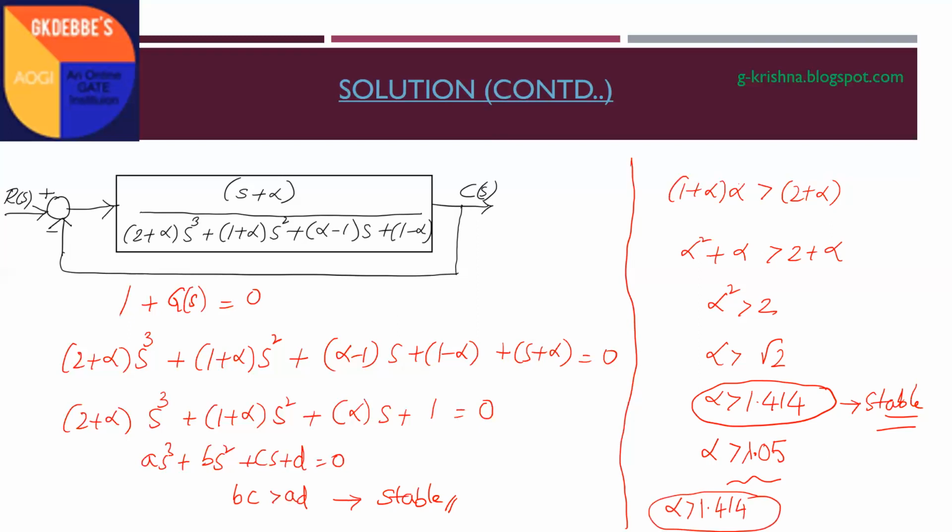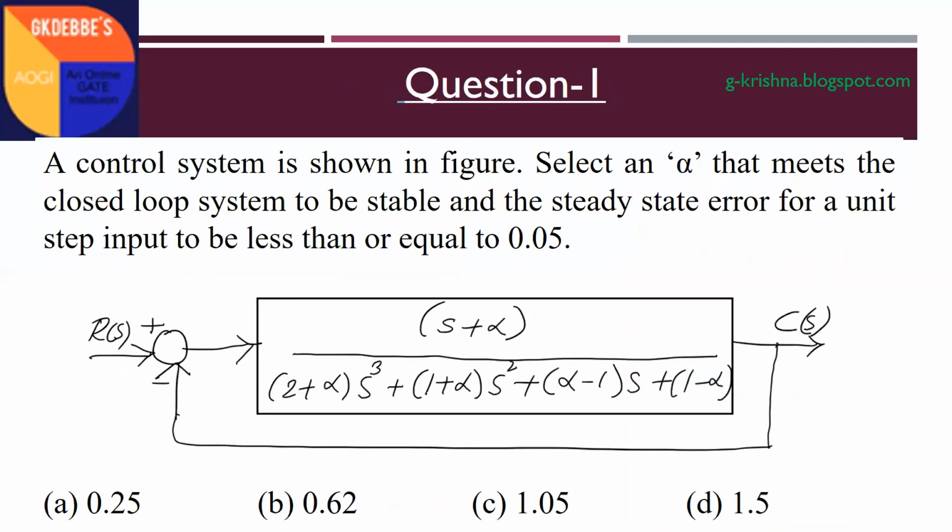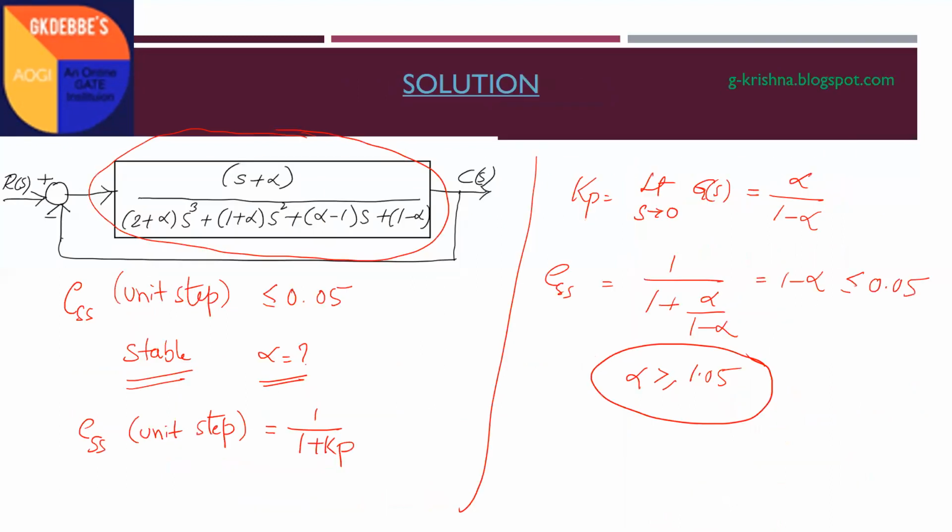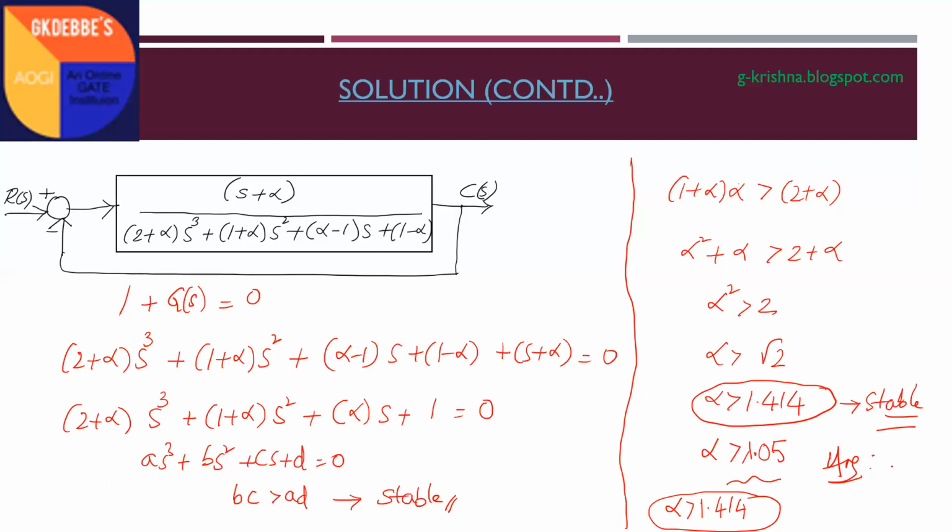If you see your options, only option D is greater than 1.414, that is given as 1.5. If you select alpha equal to 1.5, definitely the closed loop system will be stable, and we can meet the steady state error less than 0.05. Thank you.